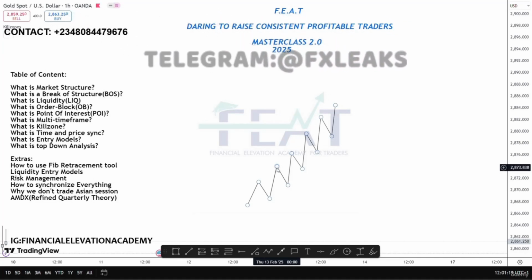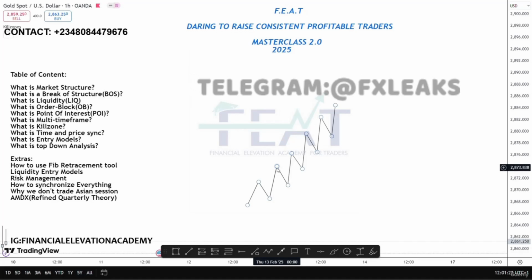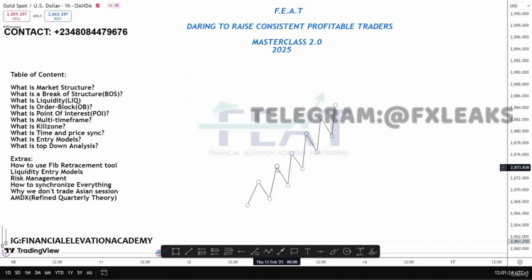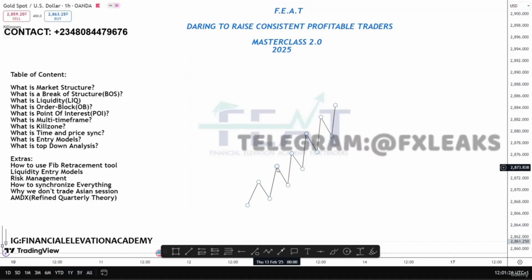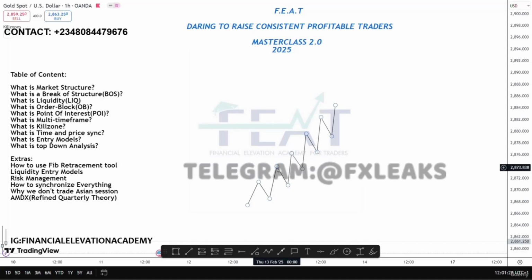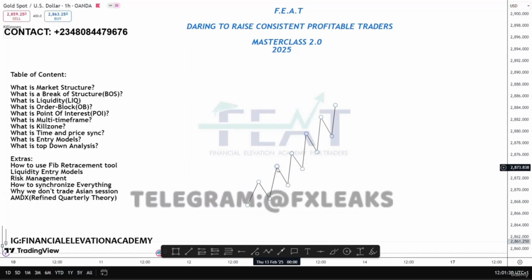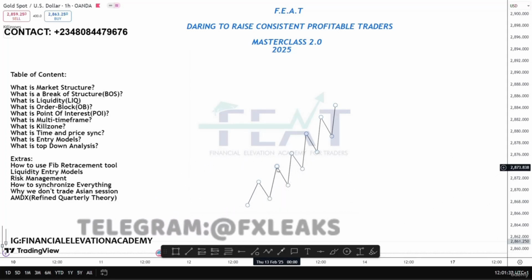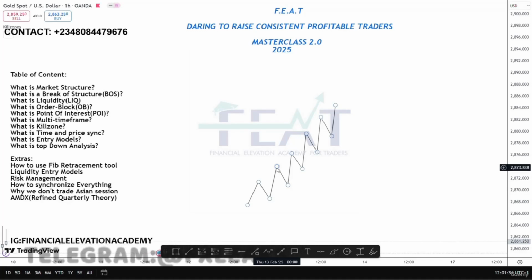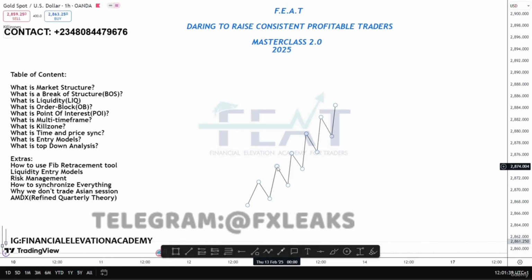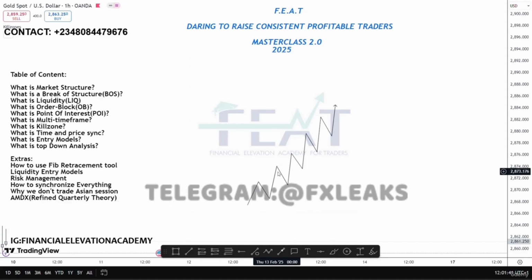So a bullish market structure, or like I said, we have two types of market structure, a bullish structure and a bearish structure. It's basic stuff that we all know, but in this basic stuff, there's a lot of information that you will need to know. Okay, now the new high or the higher high, why is it called the new high and the higher high here?